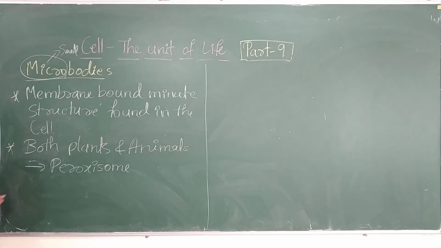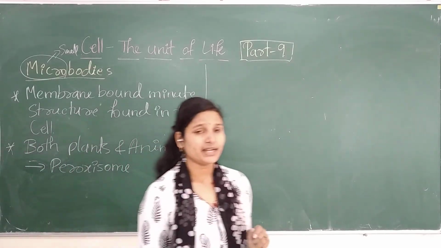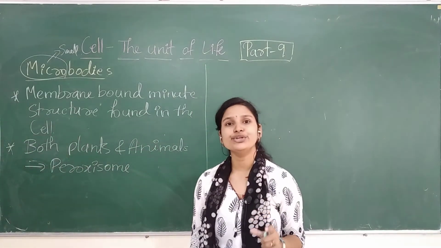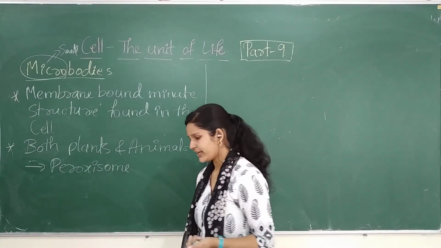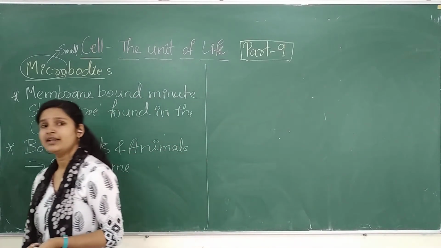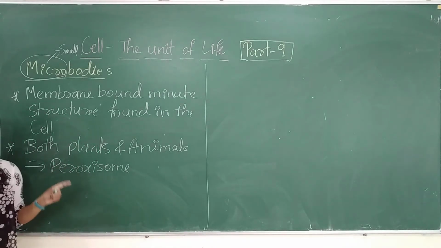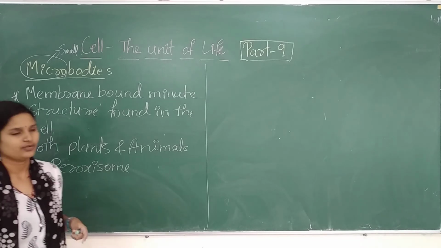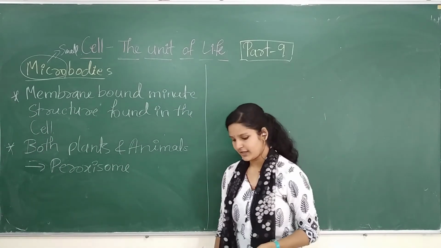So we will move further to the very important membrane-bound structure, that is the nucleus, the heart of the cell. We will study about the heart of the cell, and we will learn the importance of the nucleus in our cell. Can you tell me what is the protein factory of the cell?